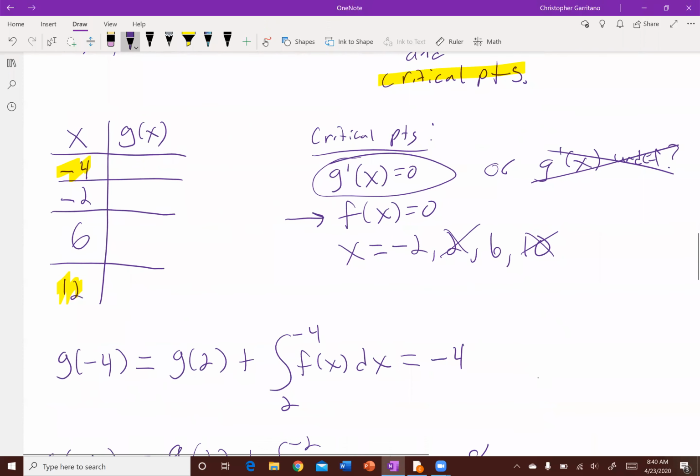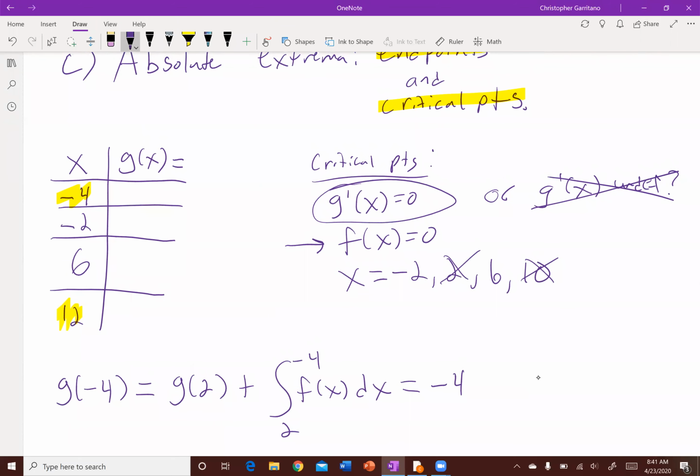All right, so now what we need to do is determine the values of g at these points. Now we are told that g of x is equal to the integral from 2 to x of f of t dt. So x equals 2 is sort of the forced starting point.